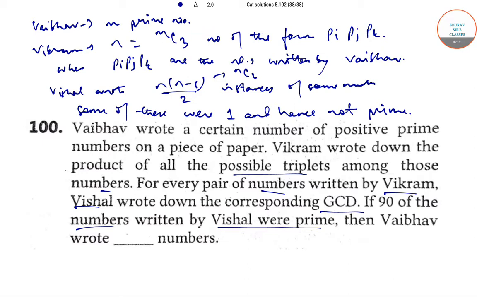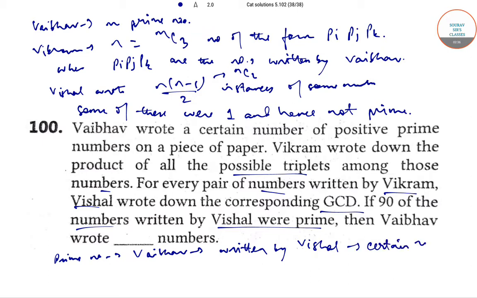Each of the prime numbers of Vaibhav was written down by Vishal a certain number of times. So each prime number of Vaibhav was written by Vishal a certain number of times. Consider one particular number, say P1.